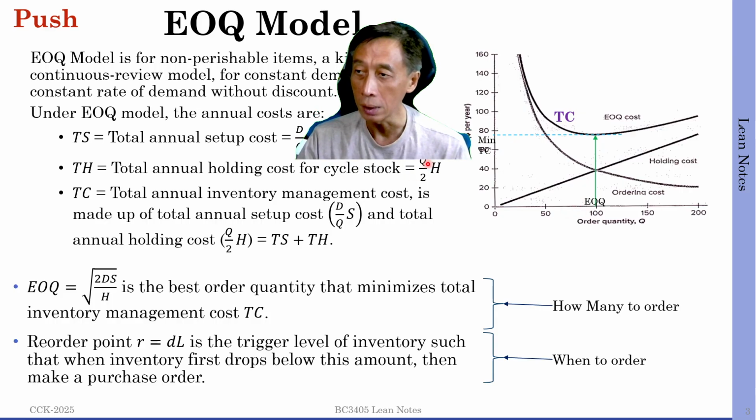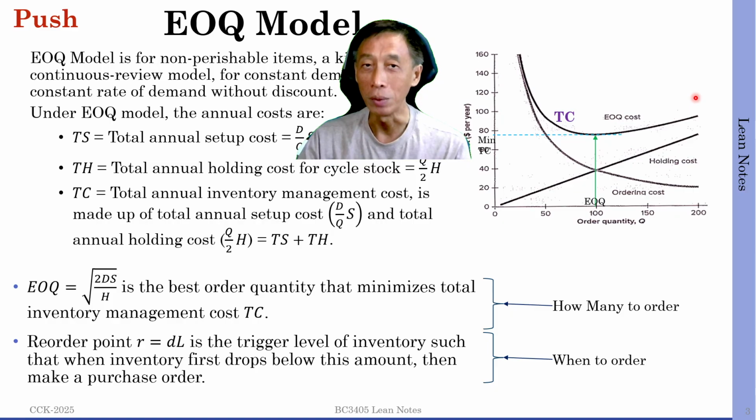As Q increases, H over 2 is just a constant gradient. So as Q increases, annual holding cost increases linearly, but as Q increases, annual setup cost decreases as a reciprocal of Q. If you add both, you will find a U-shaped curve. So theoretically, this tells us that our total cost has a U shape. The thing about a U shape is there is a minimum.